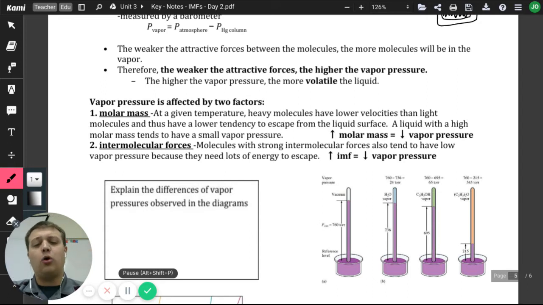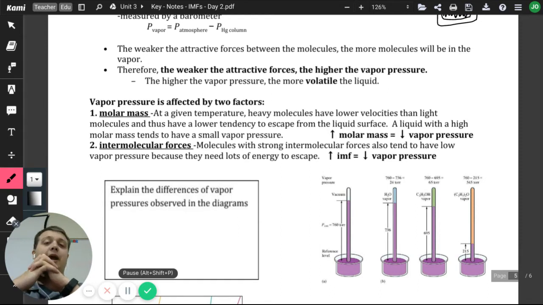So if we're talking about molar mass, heavy molecules are going to have lower velocities than light molecules. And thus they're going to have a lower tendency to escape their liquid surface. So since I've got very heavy molecules, they're going to be less likely to actually detach and float away because they're going to be in a better place sitting down in the bottom of that.